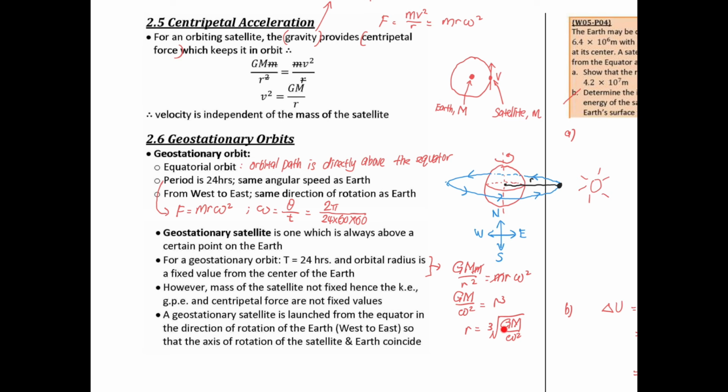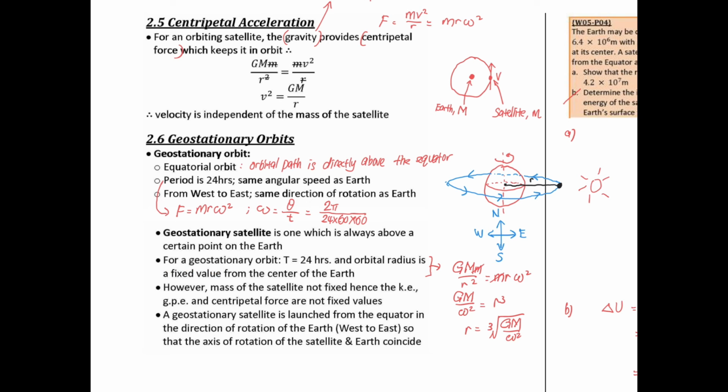First, G is a fixed value. M is the mass of the Earth, which is a fixed value. Omega is fixed already, which is 2 pi over 24 times 60 times 60, which is also a fixed value. And then you cube root, then you get a fixed value of R. It is always constant, as all these things are constant. So that's why they said the radius is a fixed value.